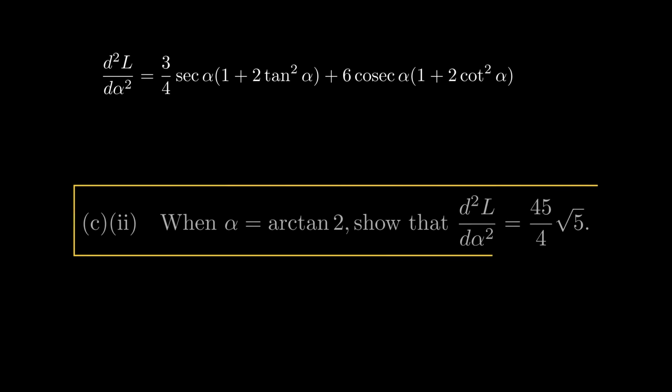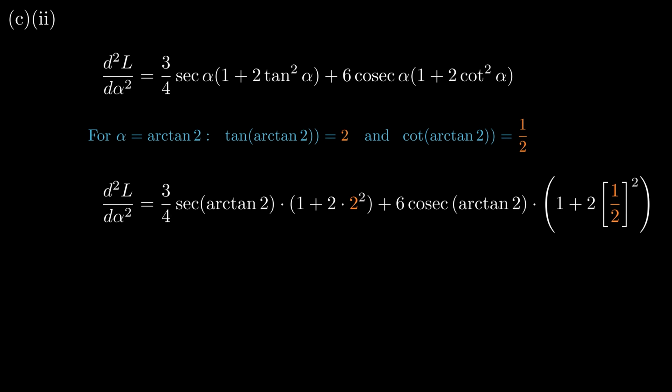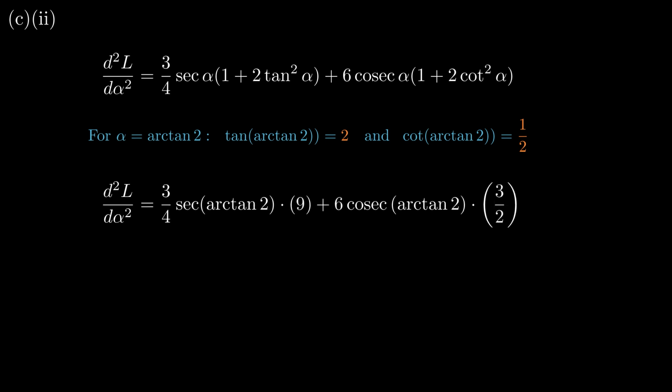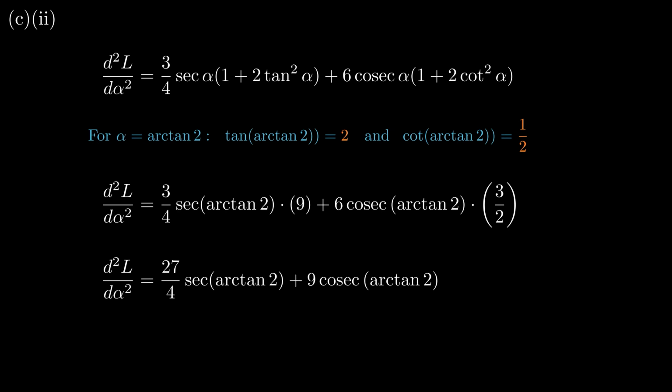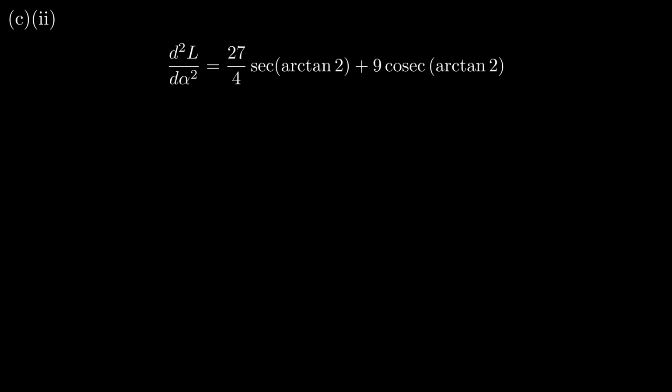Then for part C2, we replace arctangent 2 into our expression, noting that we can already simplify any tangents and cotangents present by the definition of arctangent. After that, we have to deal with stuff like the secant of the arctangent of 2, which seems complicated, but what we used just before gives us the tactic.